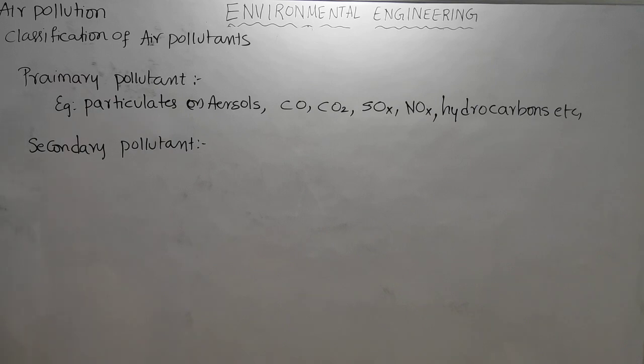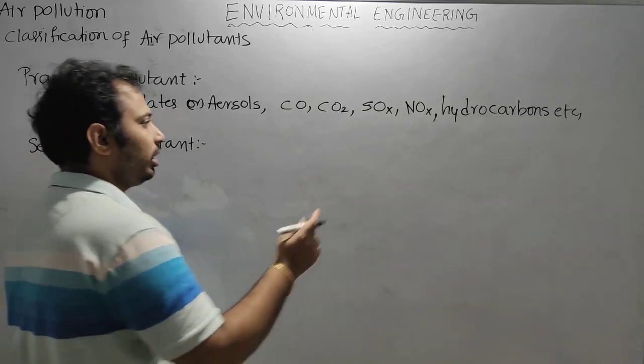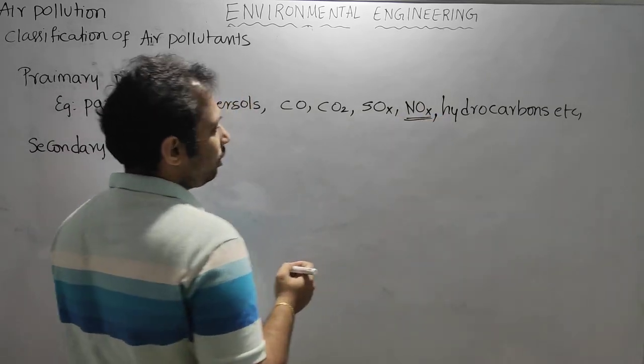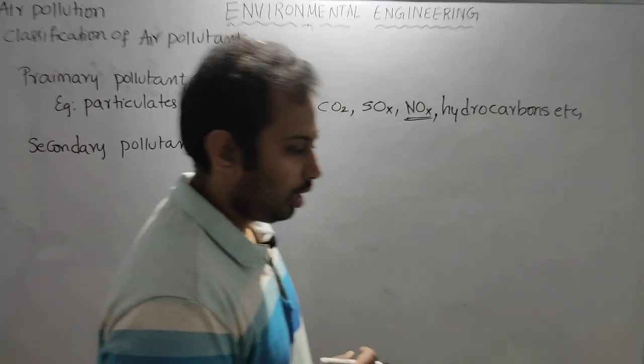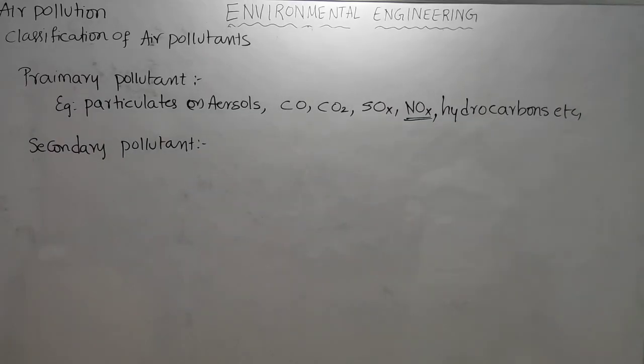And secondary pollutants, there are different kinds of secondary pollutants also. The major secondary pollutants are coming out of this NOx. So the majority of the secondary pollutants will come out of nitrates, nitrous oxide, nitrogen oxide, anything. There are different kinds of these nitrogen compounds. All those are contributors of the secondary contaminants or secondary air pollution.